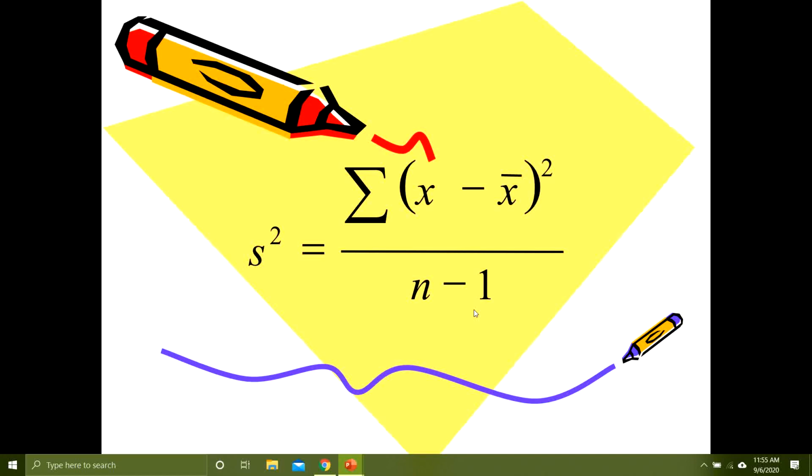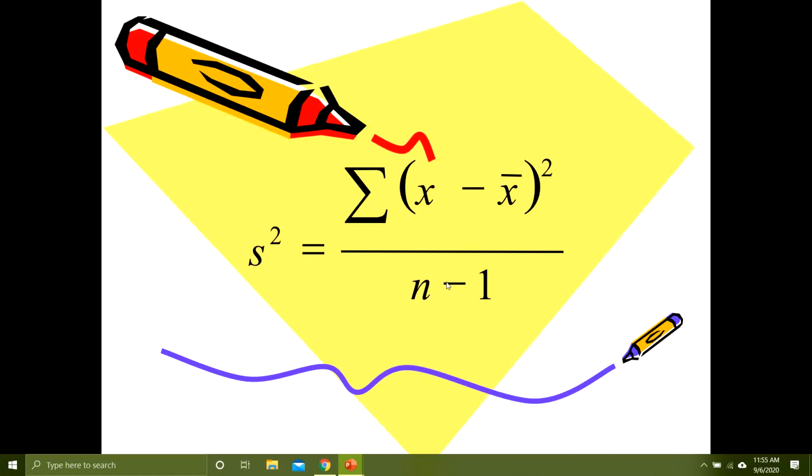But if the sample size is more than 30, then the formula will be the same, that is summation x minus x bar whole square over n, in which we have taken the values for calculation of mean.